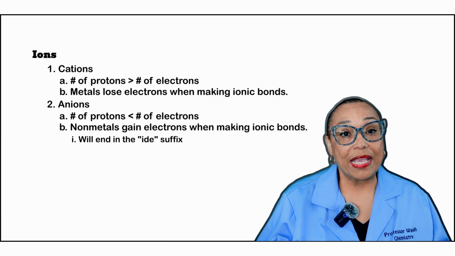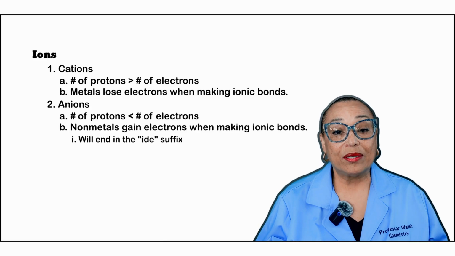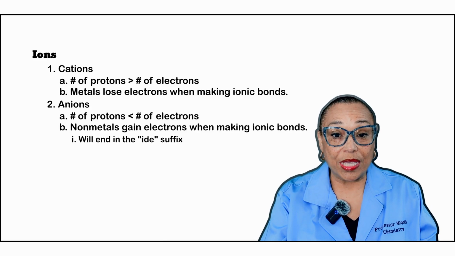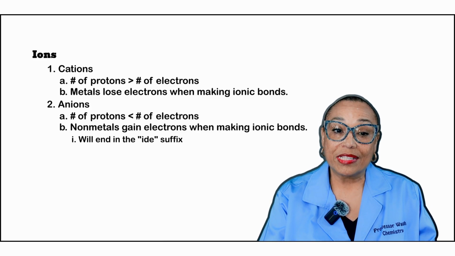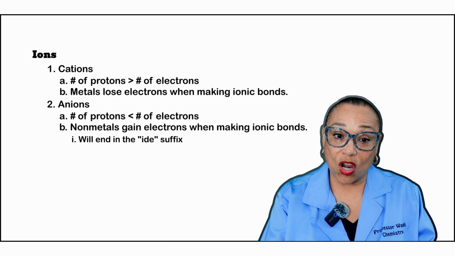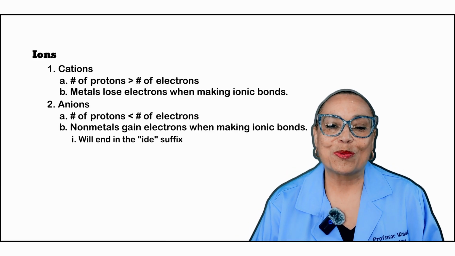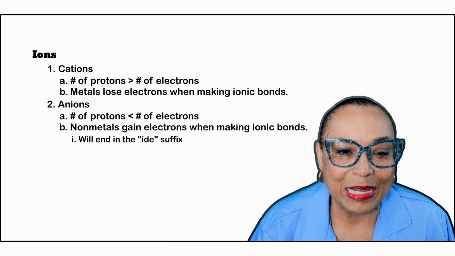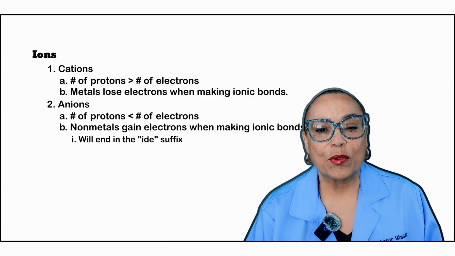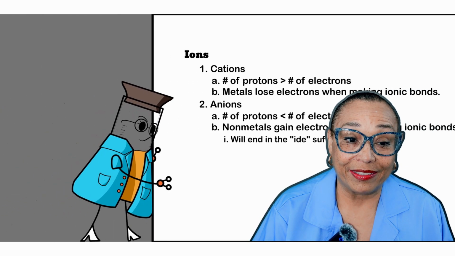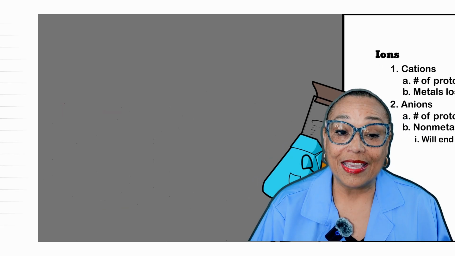When elements make ionic bonds, metals will lose electrons and thus have a positive charge. Conversely, nonmetals will gain electrons and thus will have a negative charge. Please remember that nonmetal anions will end in the "ide" suffix.